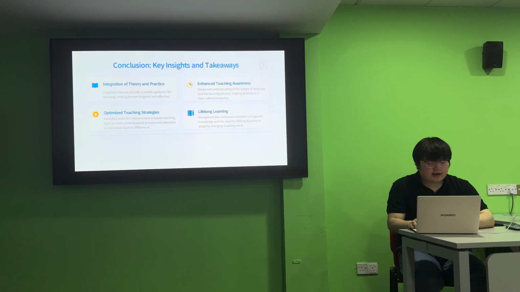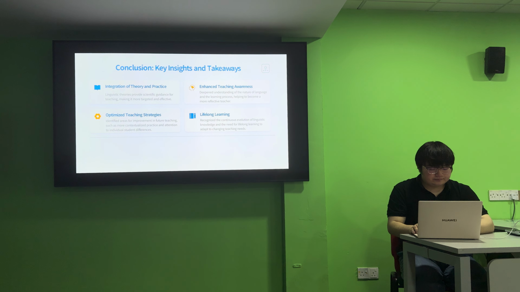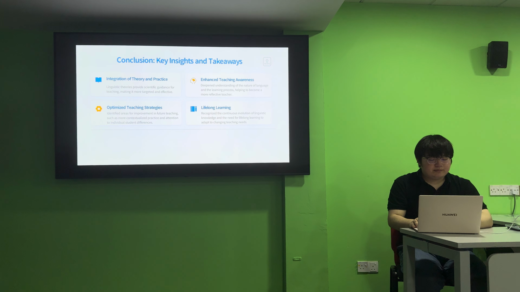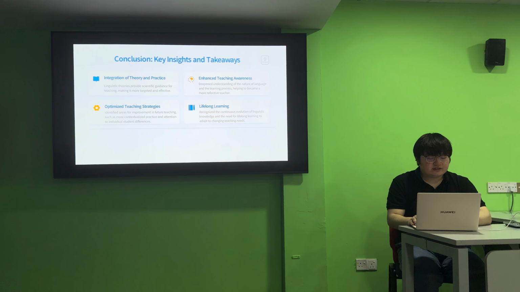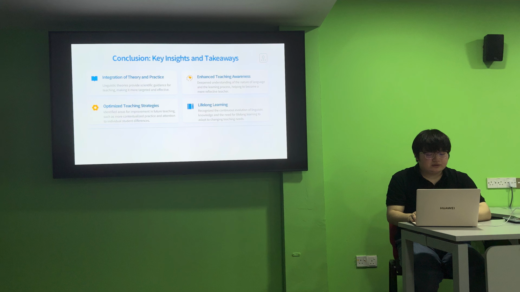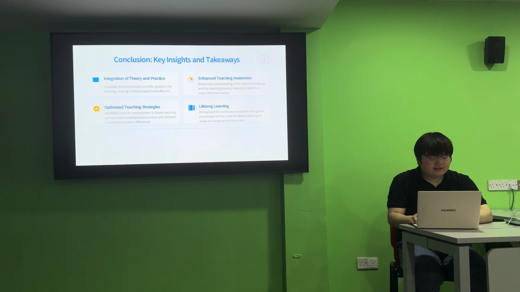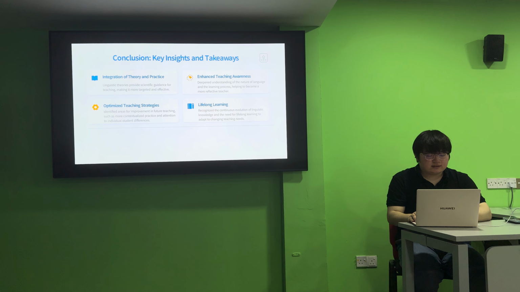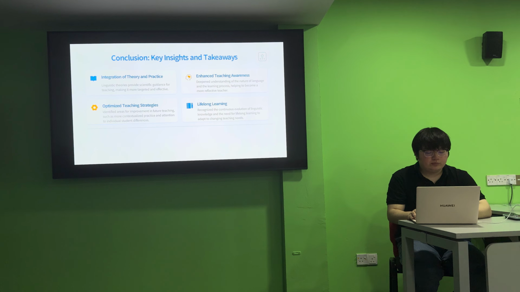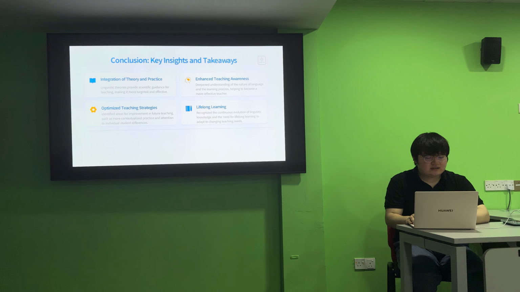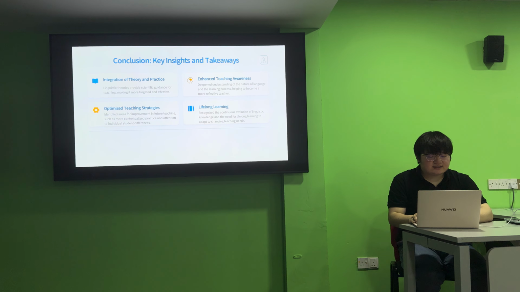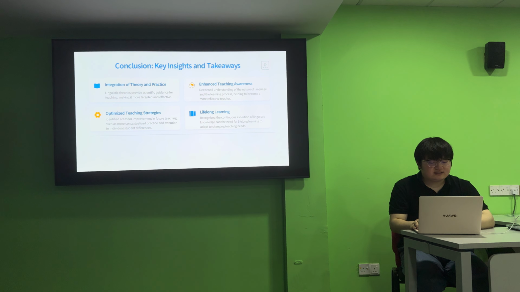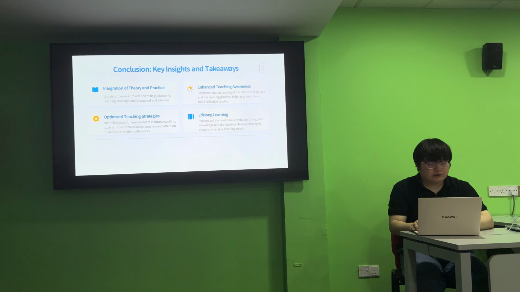Thirdly, it has highlighted areas for optimizing my teaching strategies, such as paying closer attention to individual student differences. Finally, it has reinforced the importance of lifelong learning as linguistic knowledge continues to evolve, and I need to stay updated to meet the changing needs of my students.